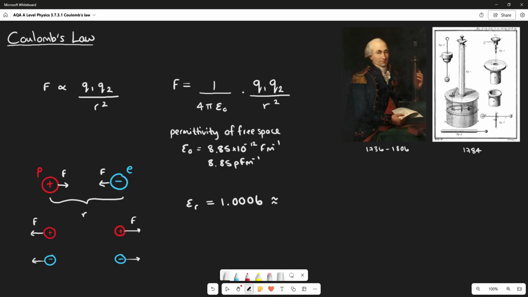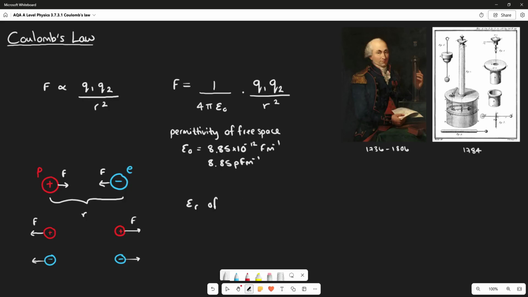It is almost exactly equal to the permittivity of free space. The way we calculate the relative permittivity is by taking the permittivity of the material and dividing it by the permittivity of free space. So because this value is almost exactly the same as this value, you end up with a value close to 1.